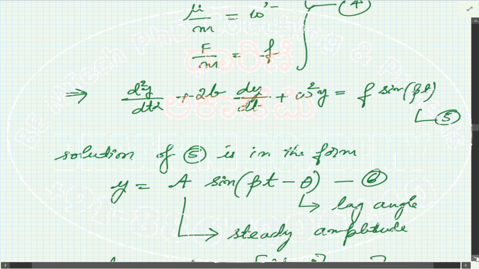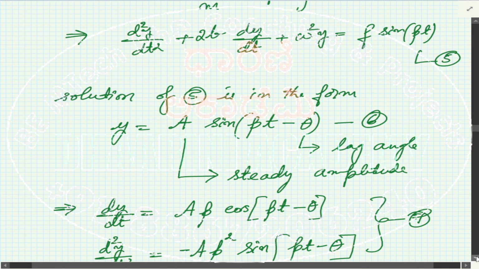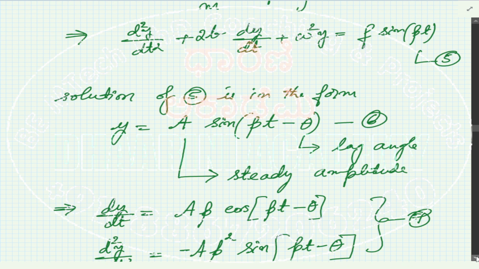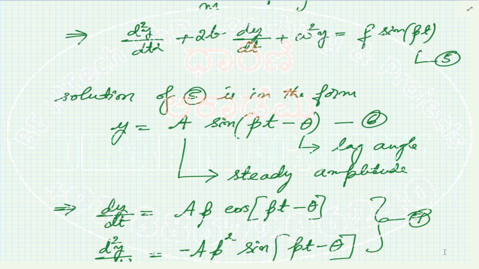We put them as equation 4 and use 4 in equation 3 to get equation 5. We assume the solution of this fifth equation as y equals a sine of (pt minus theta), where a is the steady amplitude with which it oscillates, and theta is the lag angle.